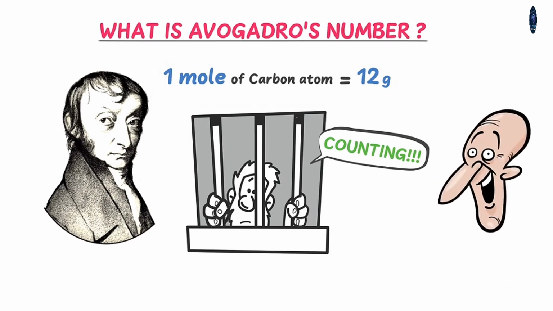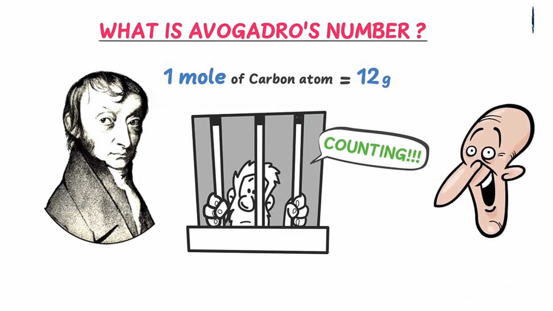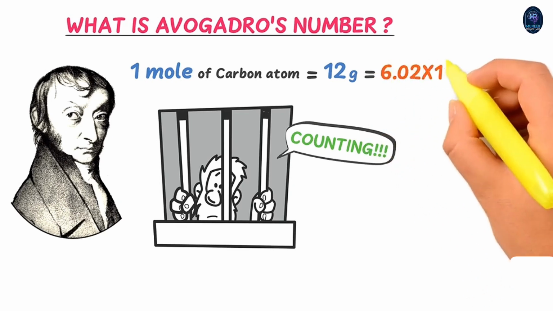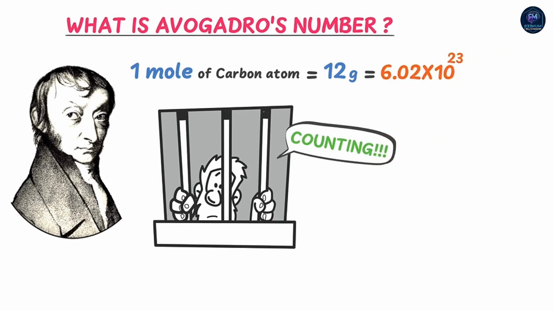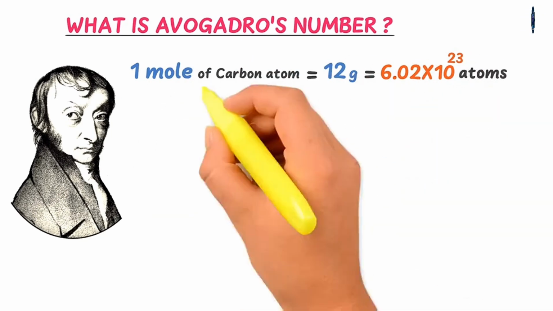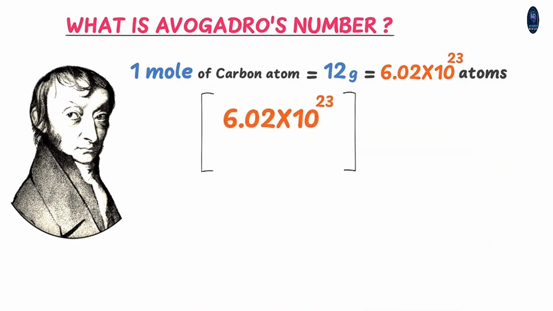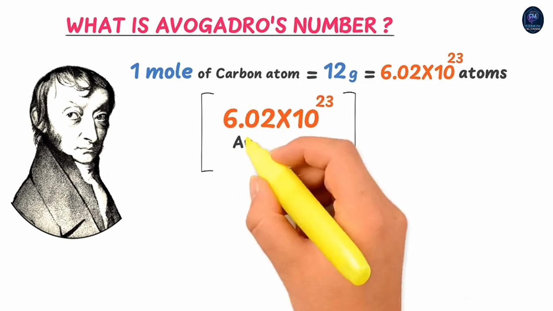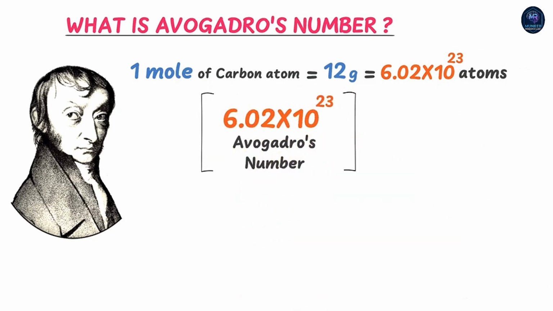After 500 years, he came out and claimed that in 12 grams of carbon, there are 6.02 times 10 to the 23 small atoms of carbon, and it became the convention in chemistry. Thus, we say that 6.02 times 10 to the 23 is known as Avogadro's number.